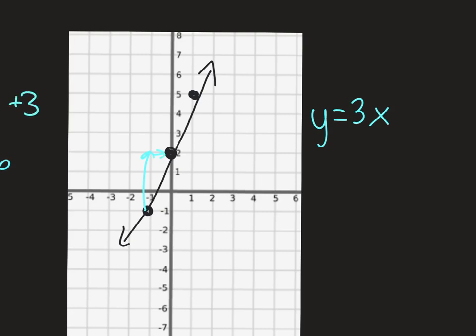Now when I'm writing it as an equation, I don't need to write the over 1 part, but I could. It's not bad, but I just don't need it. Okay, second thing I do is I look on the y-axis and I try to find my dot. Oh, bingo, right here. And where is that dot? He's at positive 2. So my equation is y equals 3x plus 2.